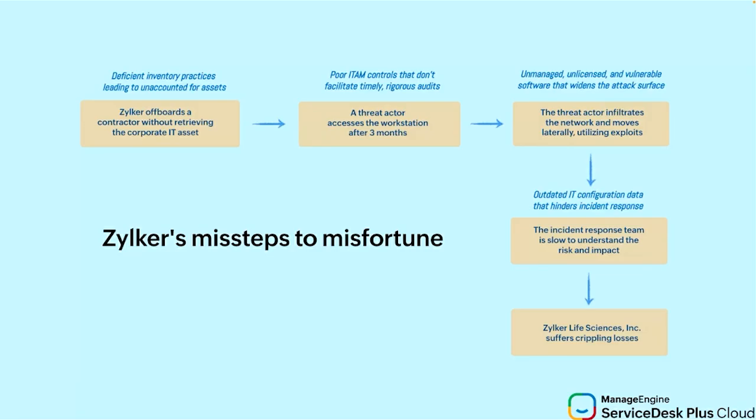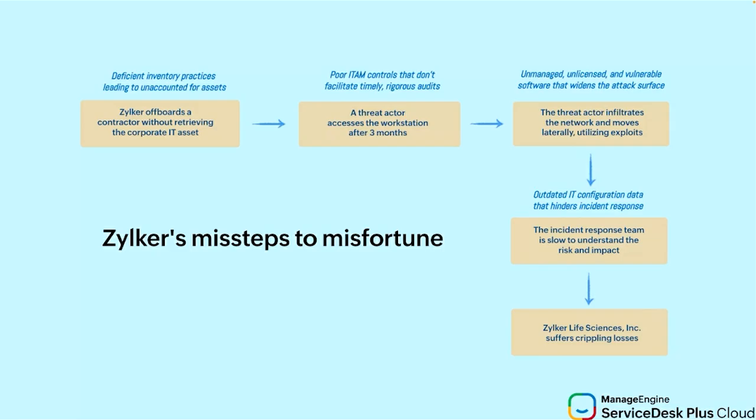Weak software governance allowed unlicensed and vulnerable applications to remain in use, expanding the complete attack surface. Outdated configuration data meant that when the response team finally acted on this issue, they lacked the complete context needed to respond quickly.